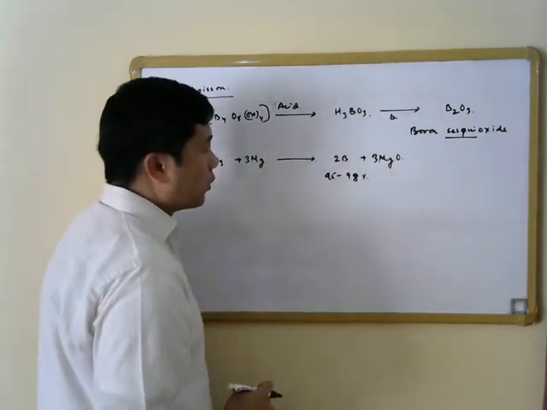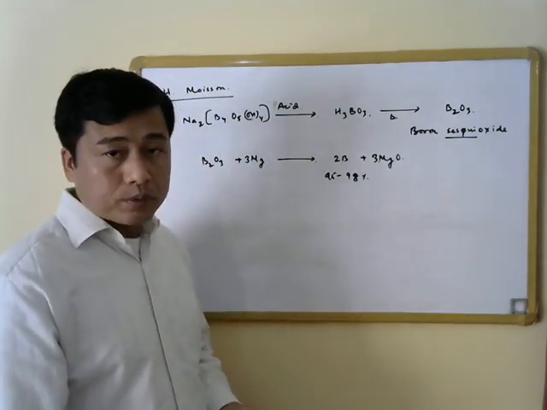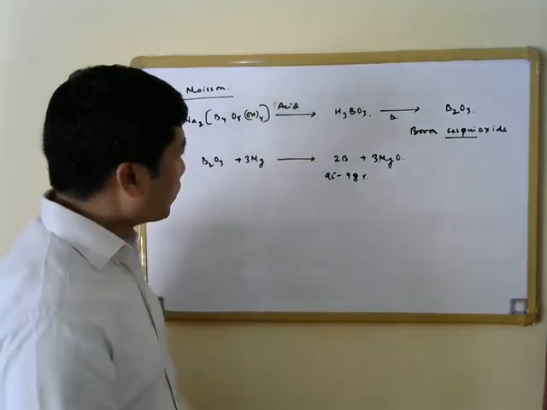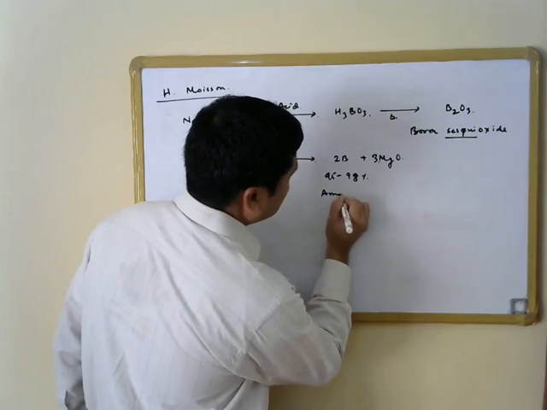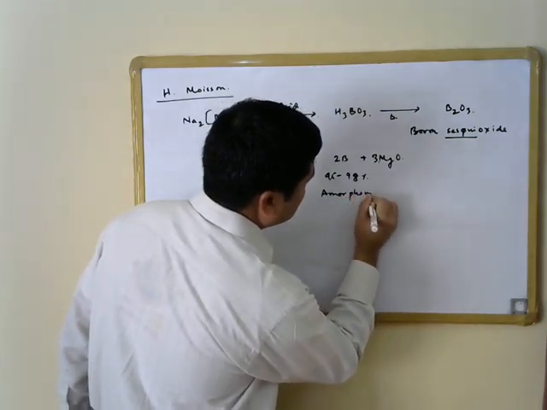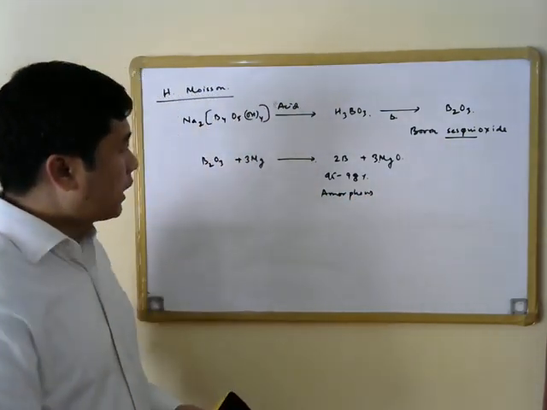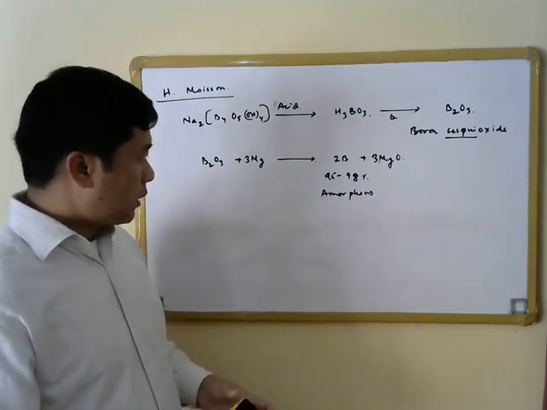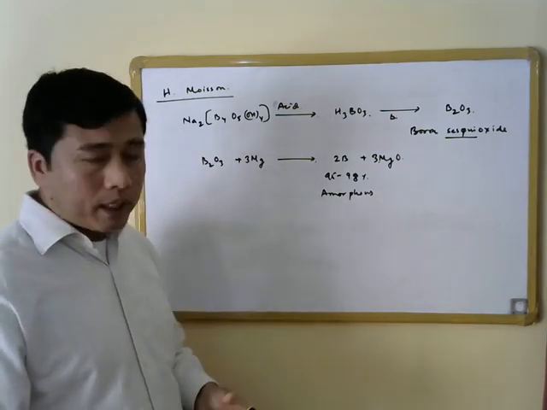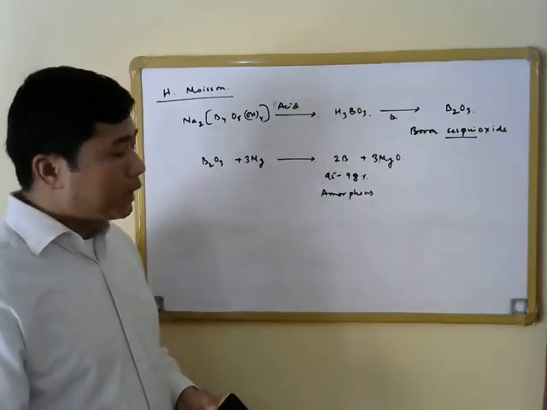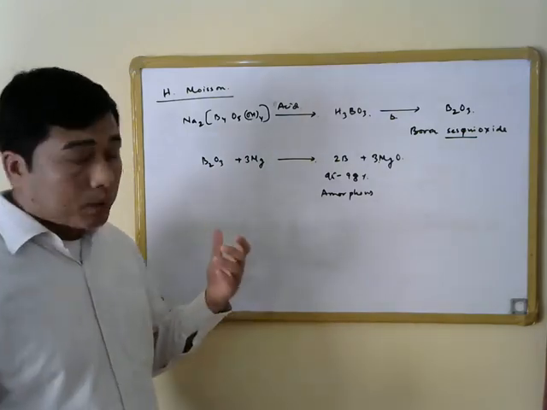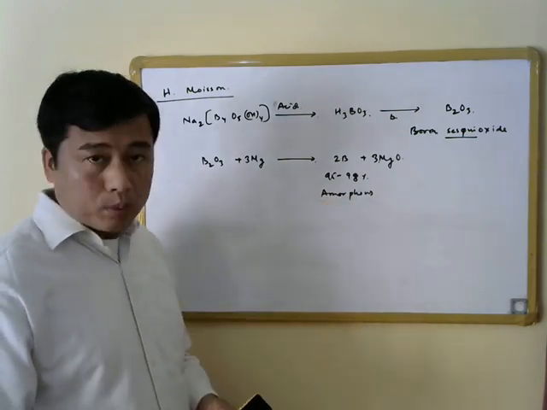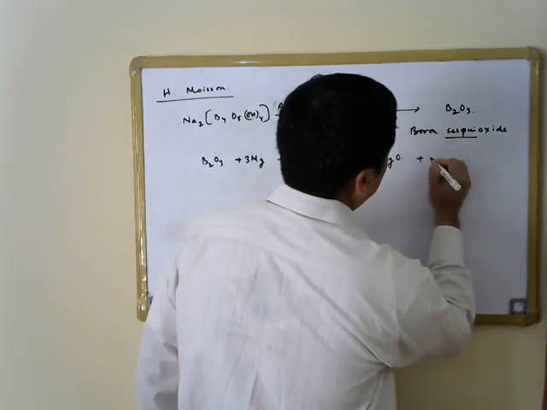98% pure boron, and a lot of impurities are also present, and that is why it is amorphous in nature. The impurities present in the boron isolated by using this Moissan method are some metal borides, or magnesium borides.